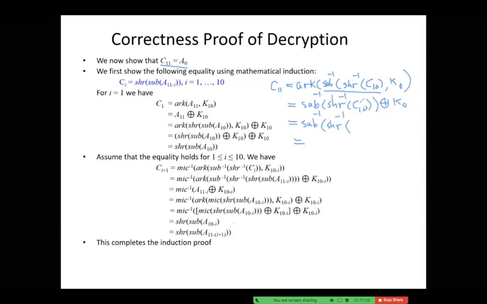I'm sorry, C10 is equal to shift rows, and then substitute bytes, and then this is A1. 1, 2, 3, exclusive or K0. Okay, so let's cancel each other. And then we got sub A sub 1. And let's cancel each other. So we got A sub 1, K0.